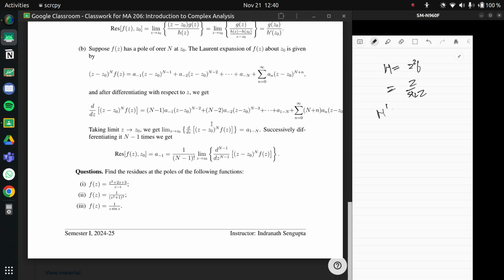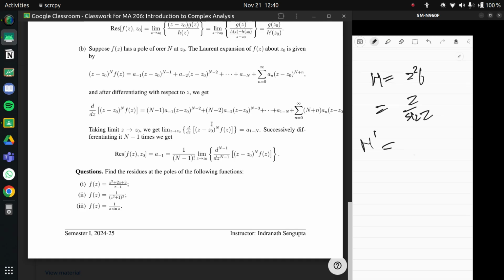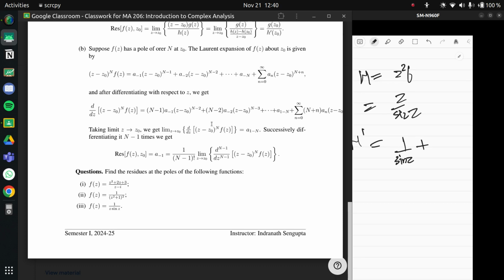So then h dash would just be like, since we just want to figure out the first power here, right? So since it's order 2, differentiate it, and that's the thing. So h dash will be something like this. This is already looking bad.